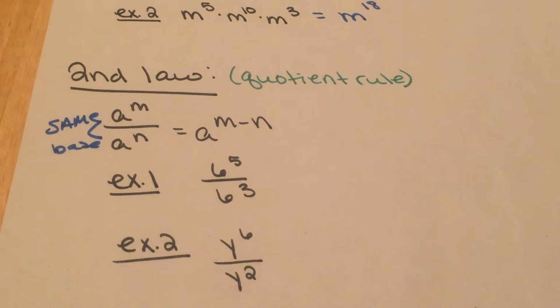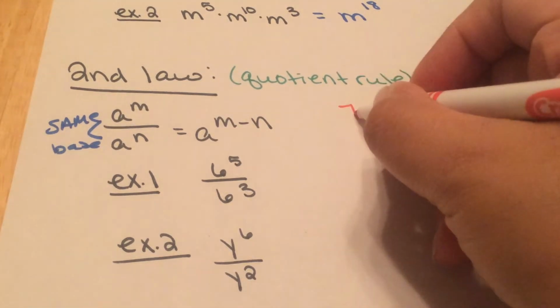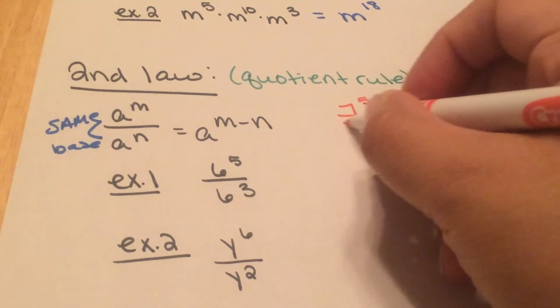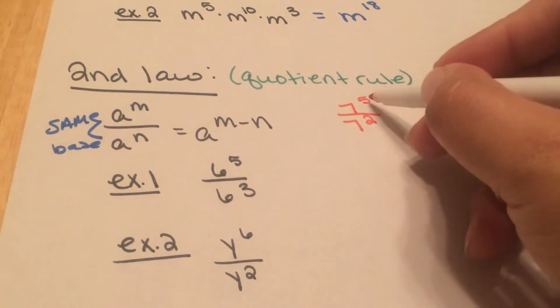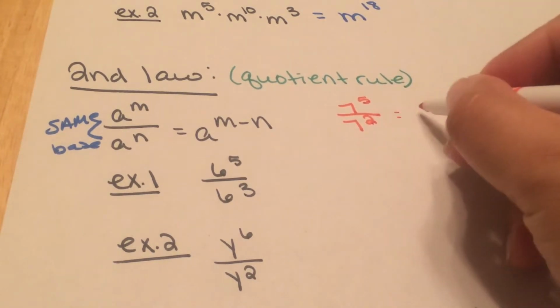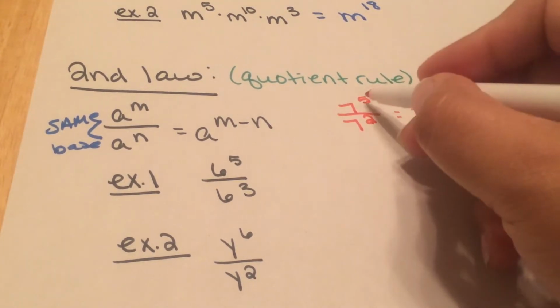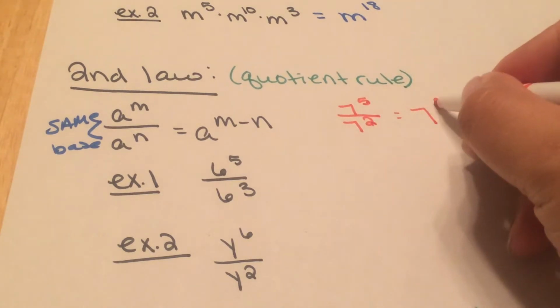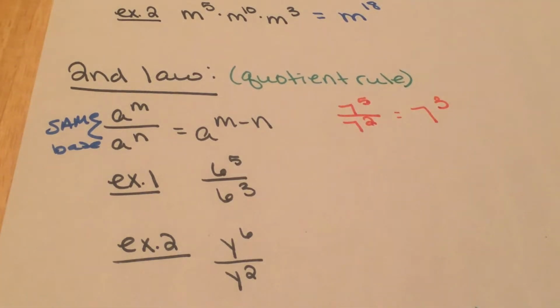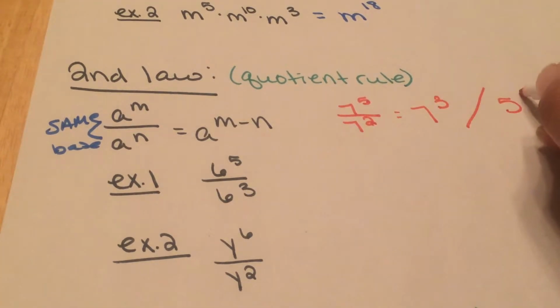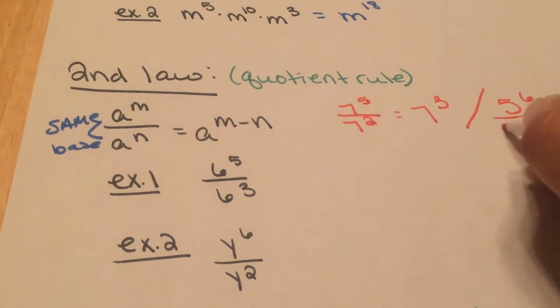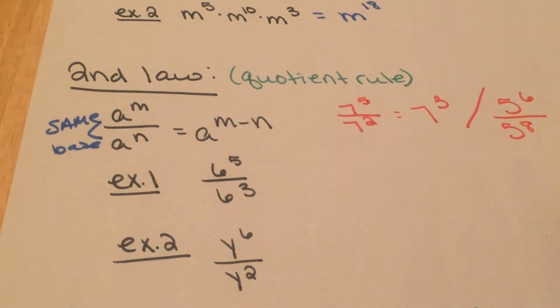If I have something like 7 to the 5th power divided by 7 to the 2nd power, all I'm going to do is subtract. So I'm going to keep that base, 7, and 5 minus 2 is 3. We're also going to see something a little bit trickier. What if we have something like 5 to the 6th power divided by 5 to the 8th power?